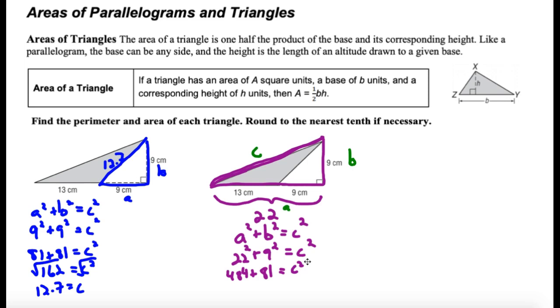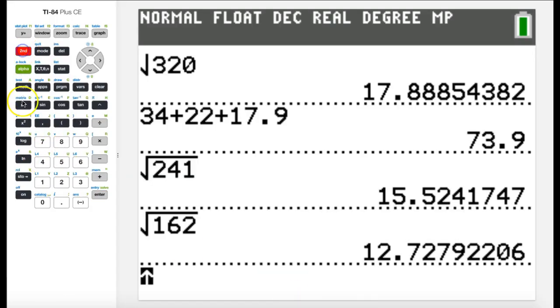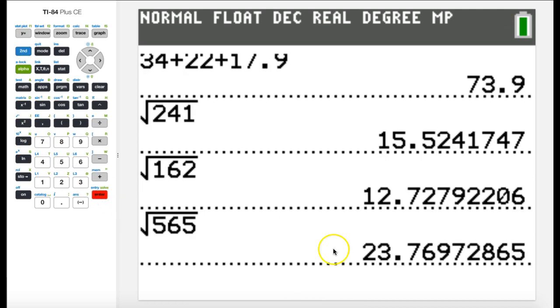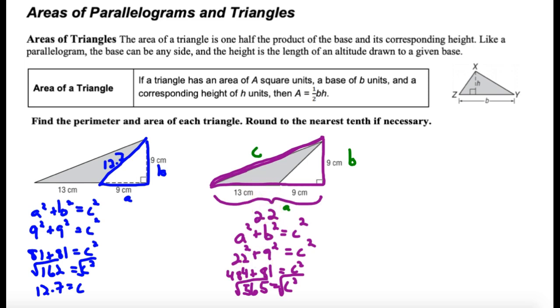So 484 plus 81 is 565. And then we will take the square root of that. So the square root of 565 gets me 23.8 if I round to the nearest tenth. So this missing side here is 23.8.